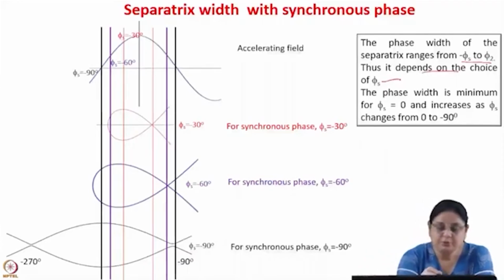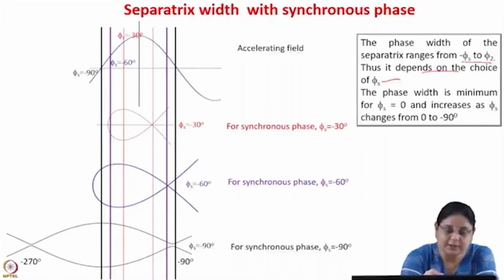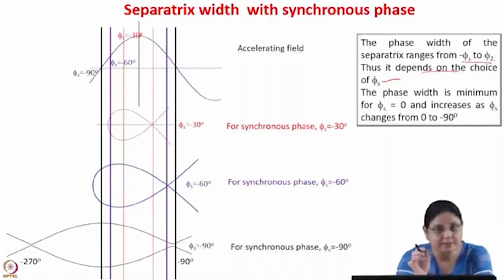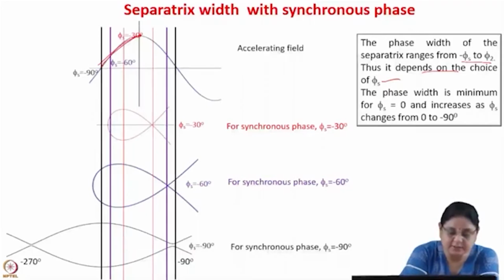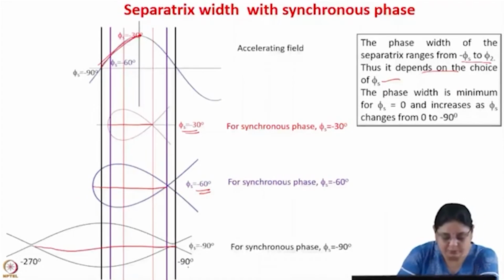If you choose the synchronous phase, for example, as equal to 0, so that it lies at the crest here, then the phase width is 0. As you change the value of phi s from 0 to minus 90, we can see that the phase width increases. This is for phi s equal to minus 30, this is for minus 60, and this is for minus 90.